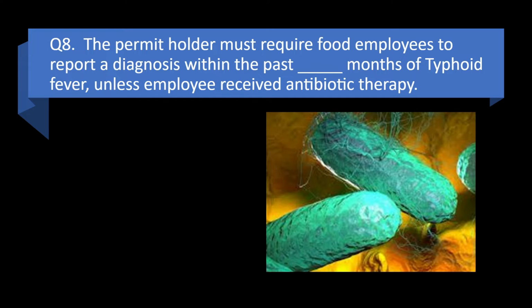Question 8. The permit holder must require food employees to report a diagnosis within the past blank months of typhoid fever unless employee received antibiotic therapy. 2, 3, 4, or 6. B. 3.